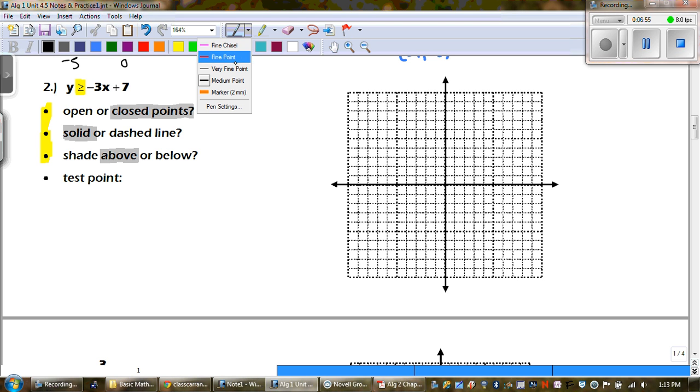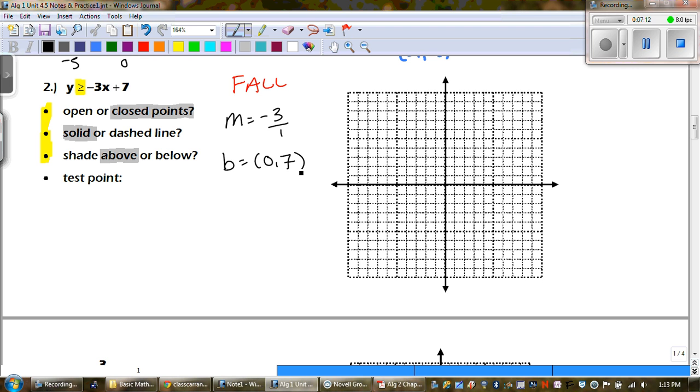Now my y-intercept, or my slope first, it's -3, and remember that's -3 over 1, which means it's negative, so our graph is going to fall. All right, and our y-intercept is (0, 7). So starting at (0, 7), I have a closed point, and I'm going down 3 over 1, down 3 over 1.